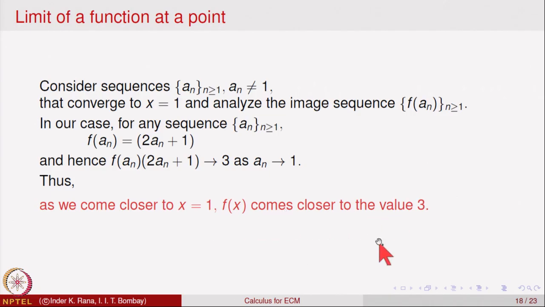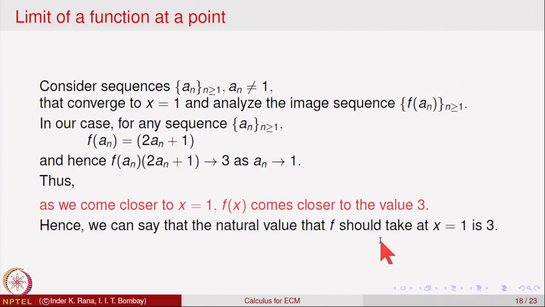A suitable value for the function at the point 1 should be 3, by looking at the behavior of the function at nearby points. So, the natural value of the function at x equal to 1 should be 3, if we give consideration to values of the function at nearby points.